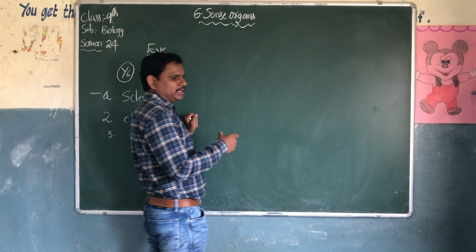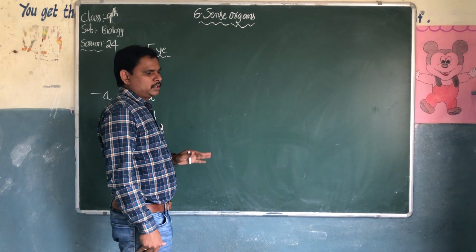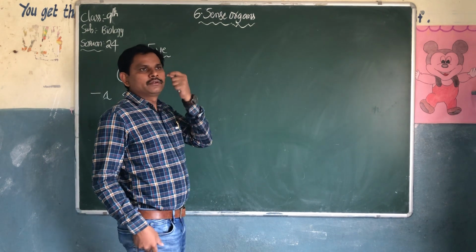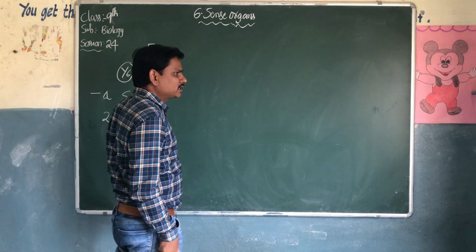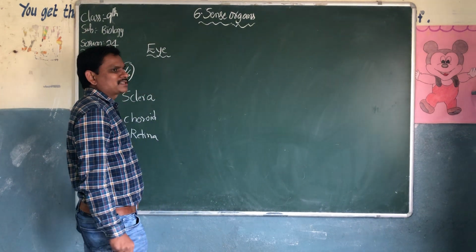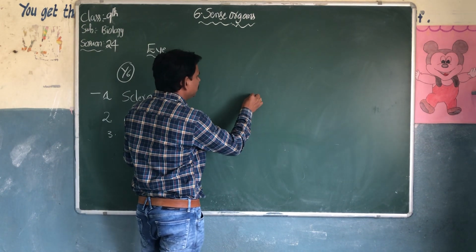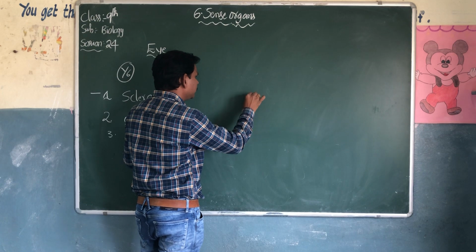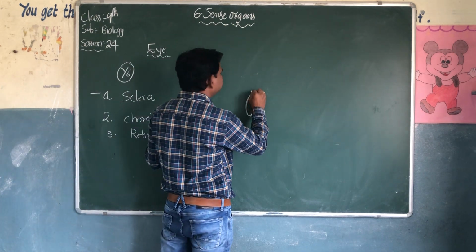It is thick, tough and fibrous. It is non-elastic and a white color structure. The white color structure we see in the eye is nothing but the sclerotic layer, the sclera. Now let us draw a simple rough diagram of the eye.